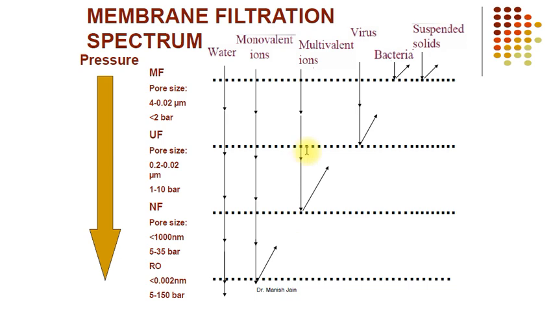Then the ultrafiltration membrane: the pore sizes are much larger and the pressure requirement is much lower. With the ultrafiltration membrane, you can separate out viruses or bacteria from the system.